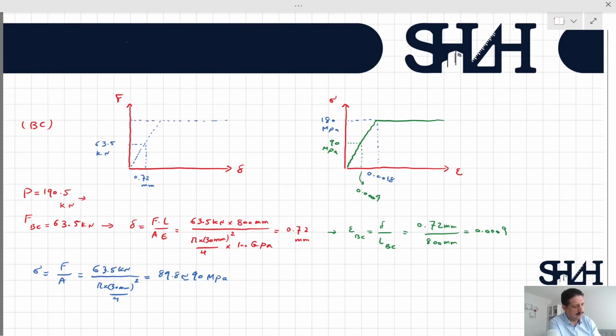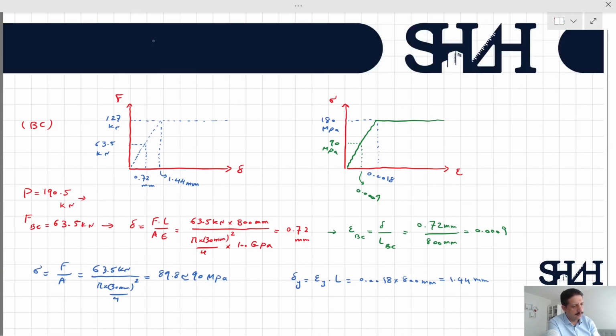It can take up to 127 kilonewton and the deformation can come up to, you can calculate what is the delta y. Delta y is epsilon y times L, which is 0.0018 times 800 millimeter, will be 1.44 millimeter. So this value is 1.44 millimeter.